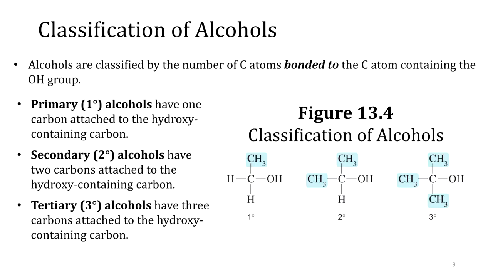And then there are tertiary alcohols, where the carbon attached to the hydroxyl group has three alkyl groups, which could be the same or different. It turns out this changes the chemical reactivity quite substantially depending on what environment the alcohol is in.